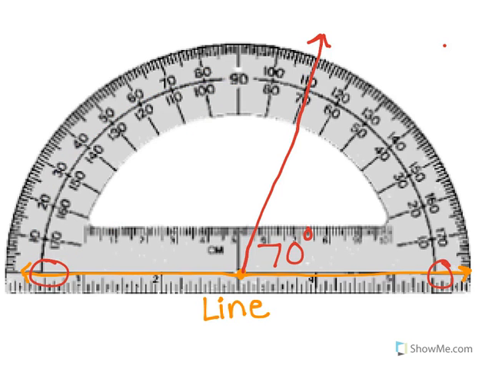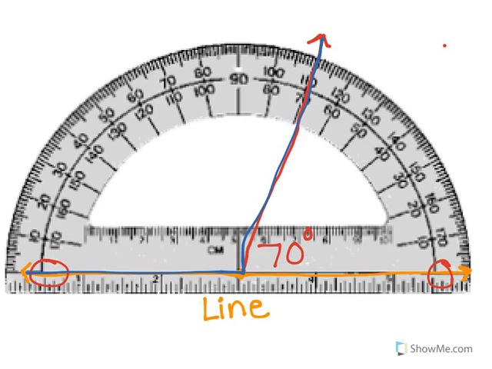Hold on. Okay, I'm losing my mind. This is correct. So, since this angle is actually obtuse, which means it is greater than 90 degrees, I'm going to read the bigger numbers.